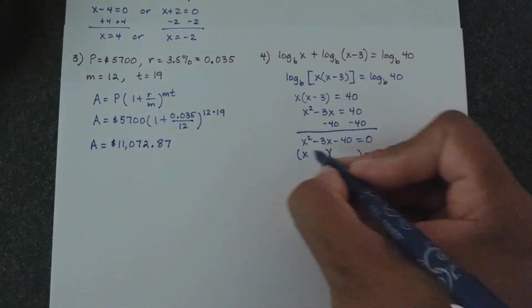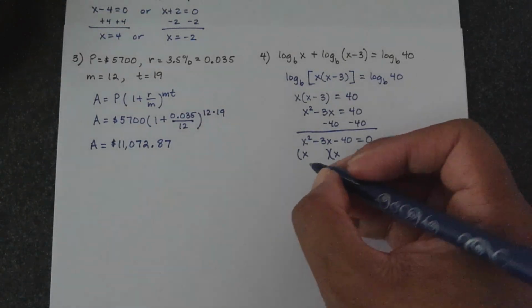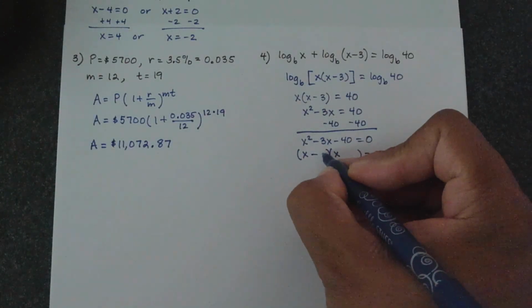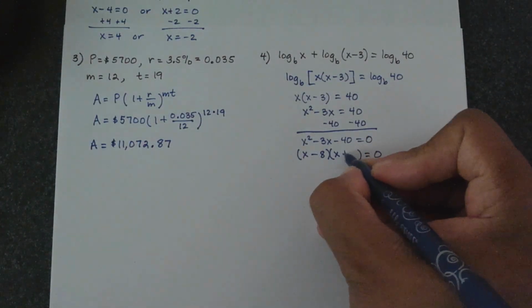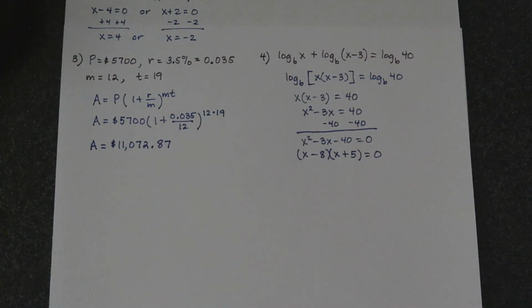So that x squared breaks up as x and x. And then factors of negative 40 that would give me a minus 3x will have to be, let's see here, I'm going to try negative 8 and a plus 5. Because minus 8x and a plus 5x will give me the minus 3x that I need. So it'd be x minus 8 times x plus 5 is equal to 0.